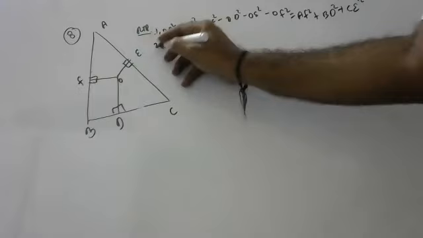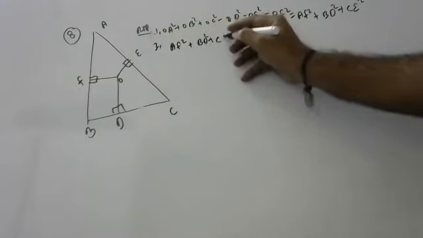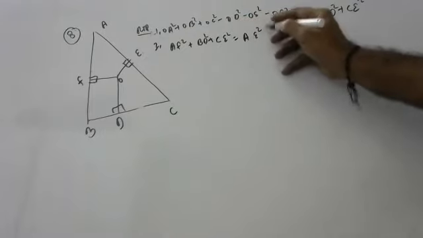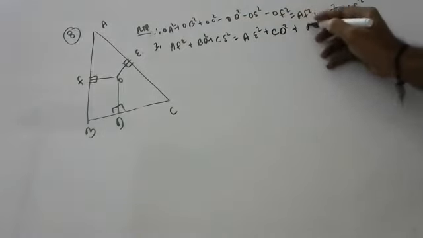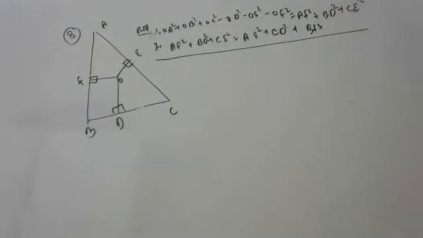Second, AF square plus BD square plus CE square is equal to AE square plus CD square plus BF square. It looks very big, children, but it is very, very easy.